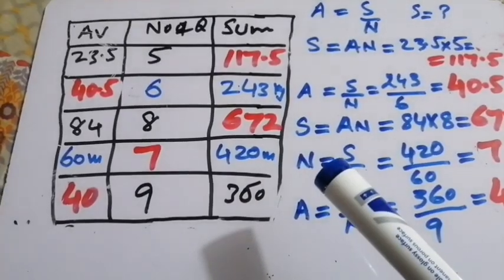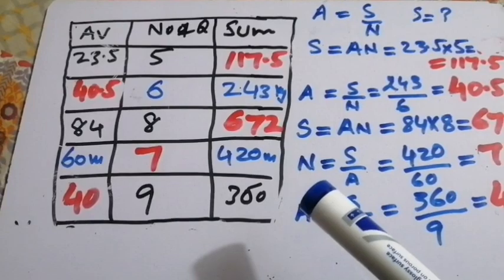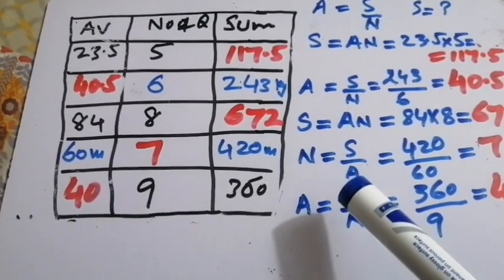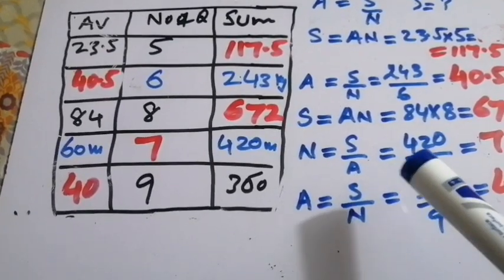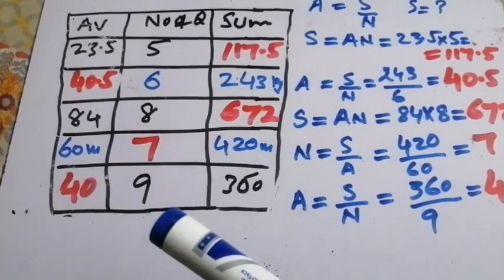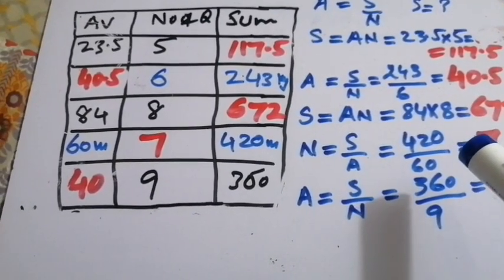So N is equal to S over A. The sum value is 420 and A is 60. So the number will become 7.